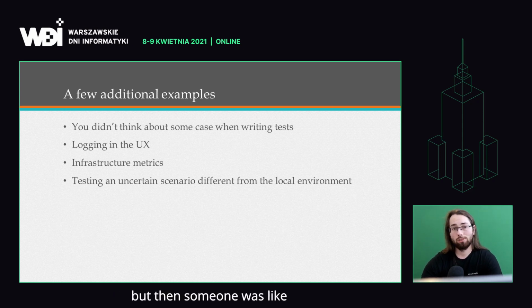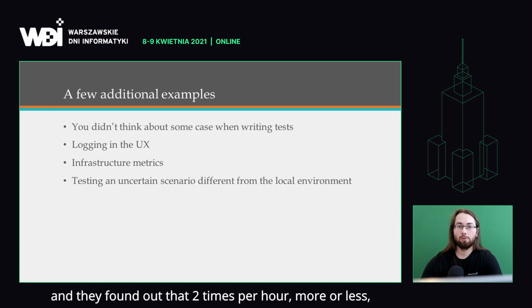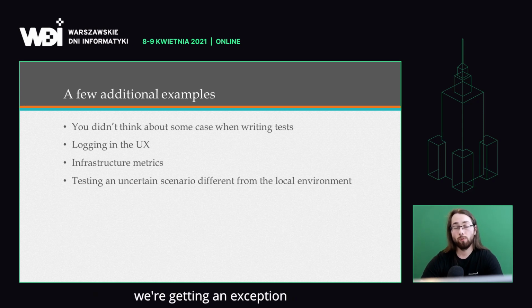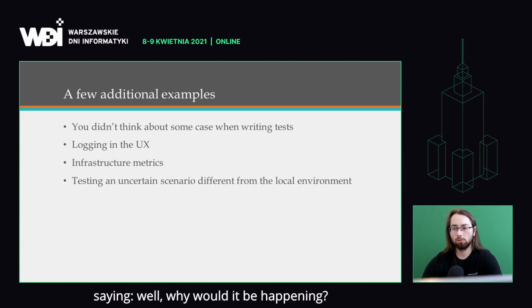But then someone was like, okay, let's see, what are the errors coming up? And they found out that twice per hour, more or less, we were getting an exception. So then we spent some time going through the logs, saying, oh, well, why would it be happening? It shouldn't be happening, etc.